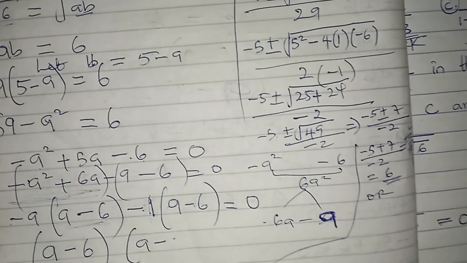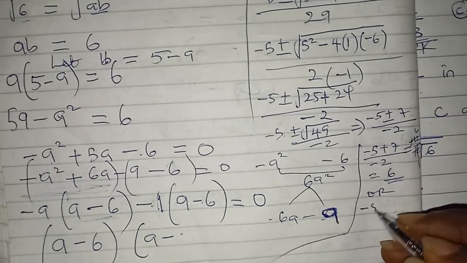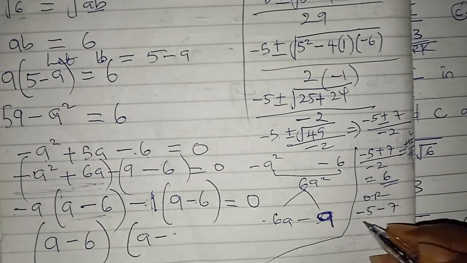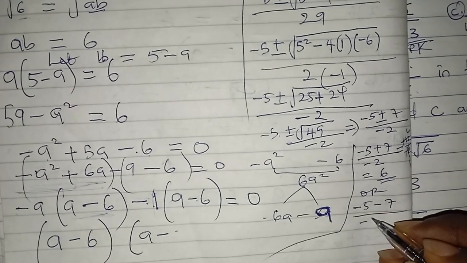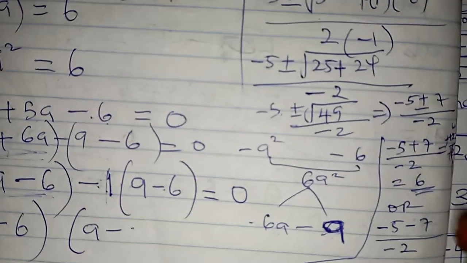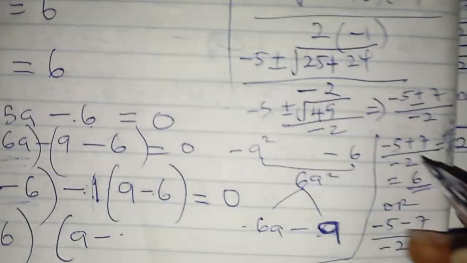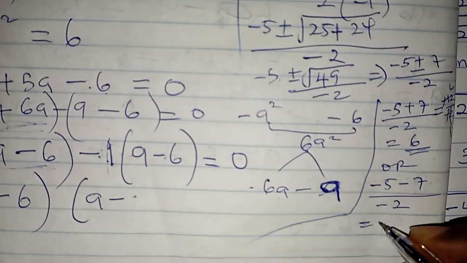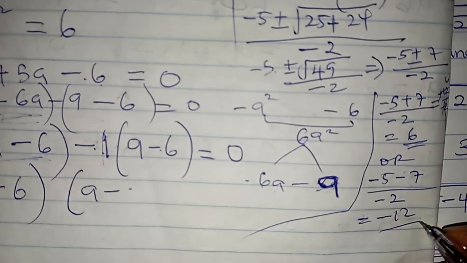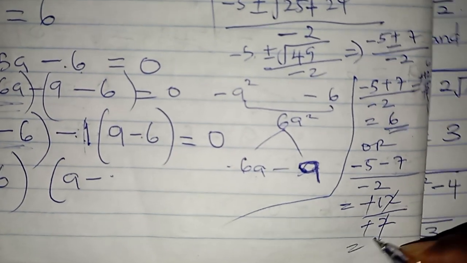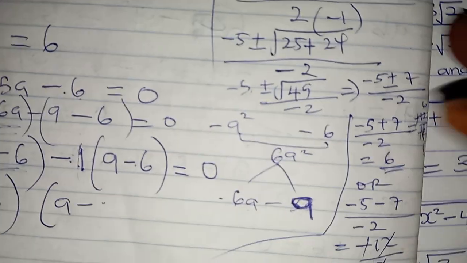Or minus 5 minus 7 all over minus 2. Down here, this is going to give me minus 12, so minus 12 all over minus 2, which is going to give me 6. It's very late.